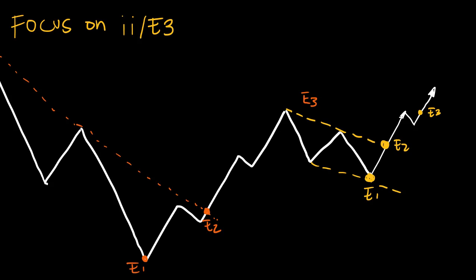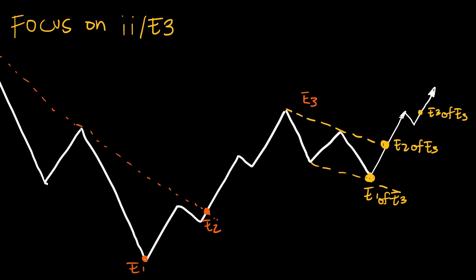For the purpose of this module, we will use the notation E1 of E3, E2 of E3, and E3 of E3 to denote the formation of a DCS within the larger DCS.